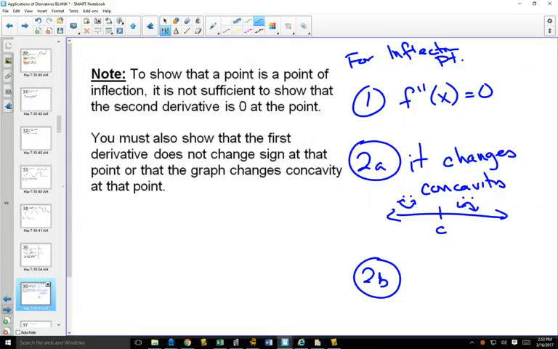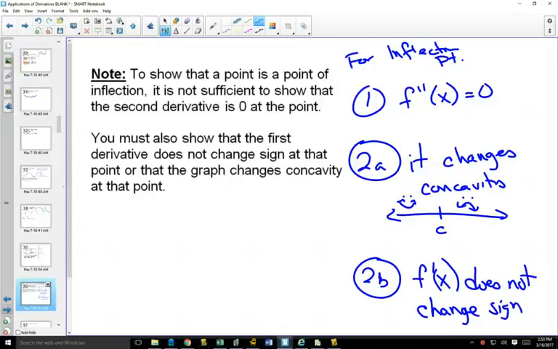Or you can show that your first derivative either stays negative or stays positive at that point. If it does not change sign at that point, then you know that it's an inflection point as well.